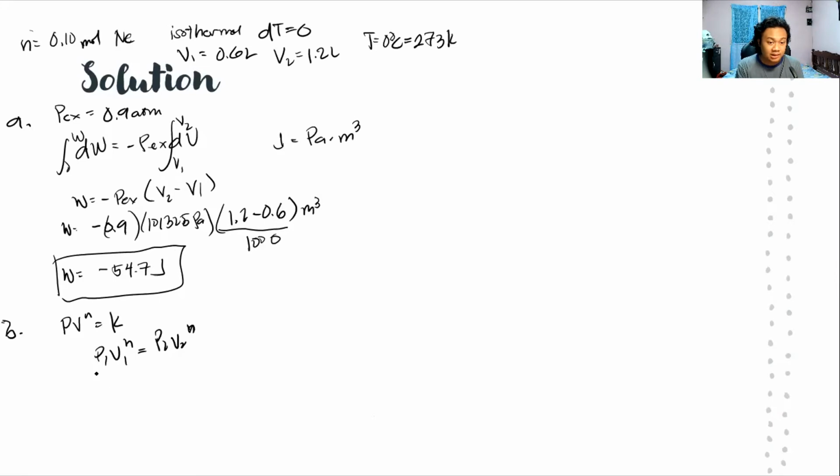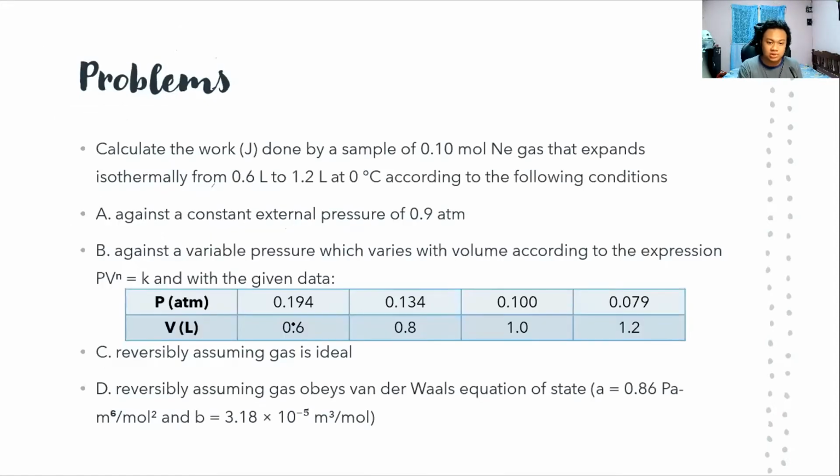So let's find the N. Yeah? So P1, P2, and then V2, then V1. So I'll just transpose the terms to the side. Diba? And then just choose these two values here, the first two values here. Just choose those.